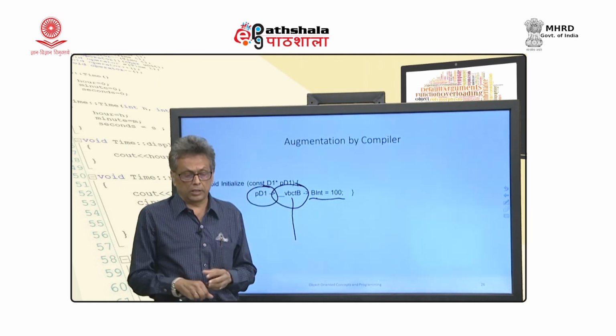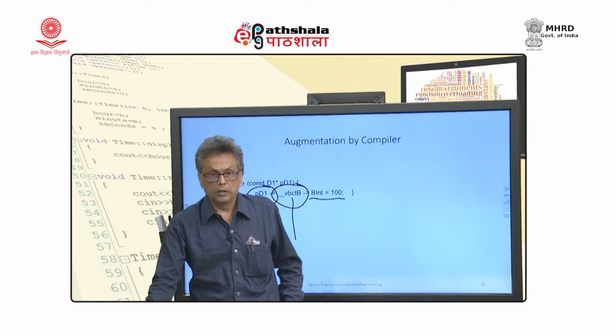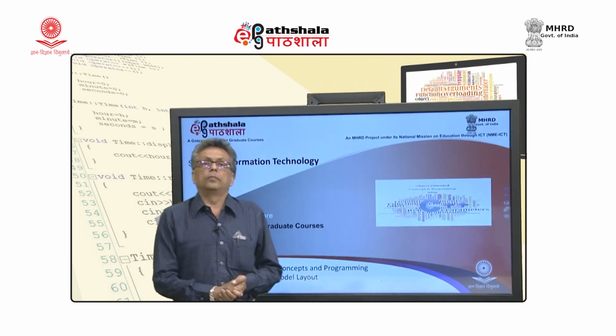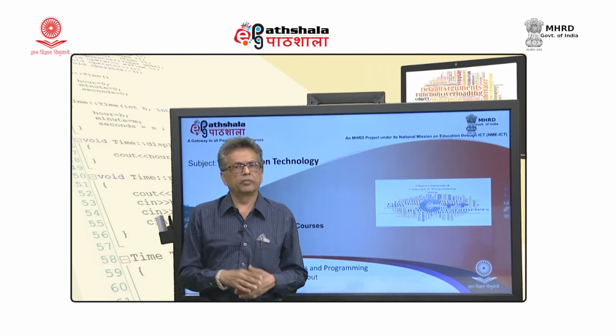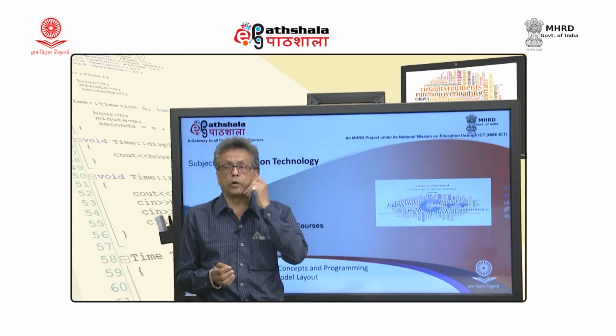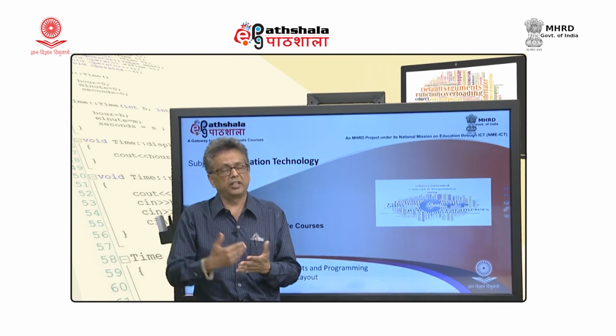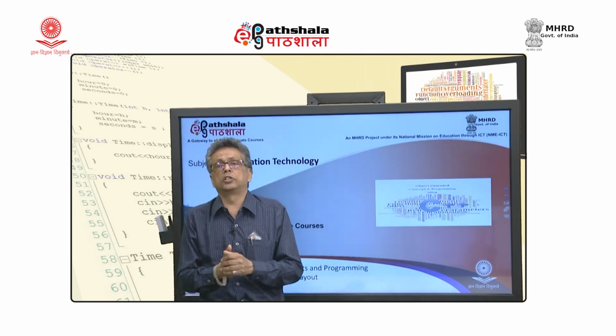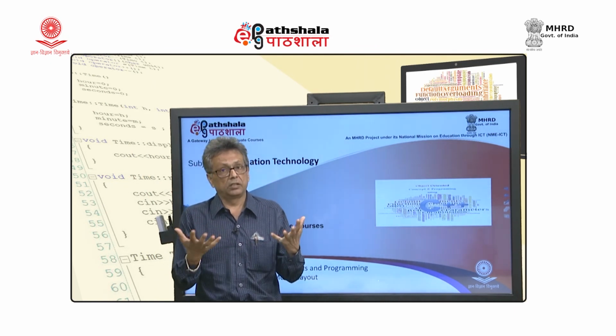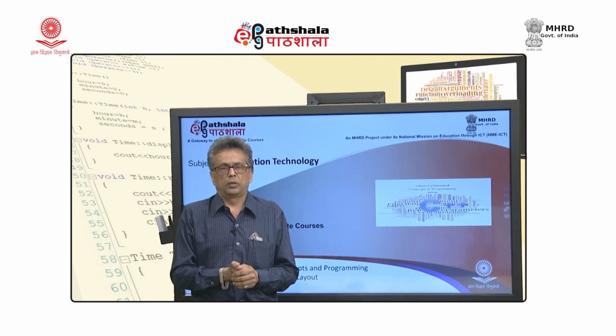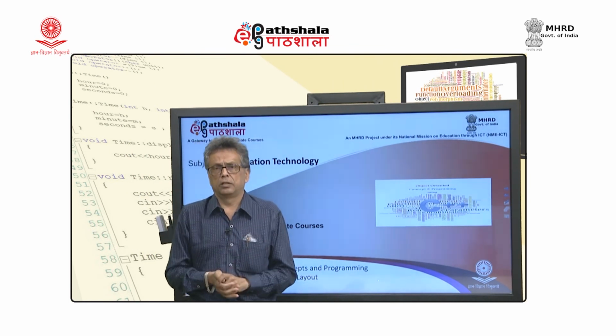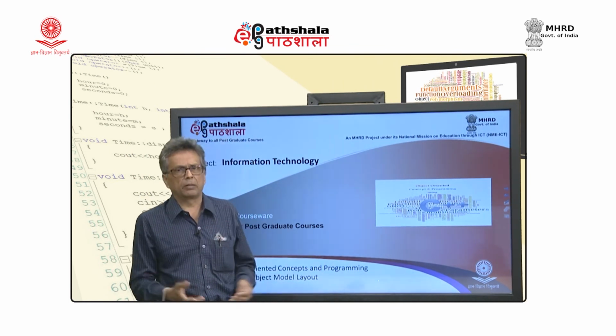Okay. With that note, we conclude this module, friends. What we have seen in this module, we looked at how the object model is laid out. We looked at three different ways in which it is possible to do it, and we have seen that the third way is comparatively better than the earlier two, and we have seen the consequences of that model.